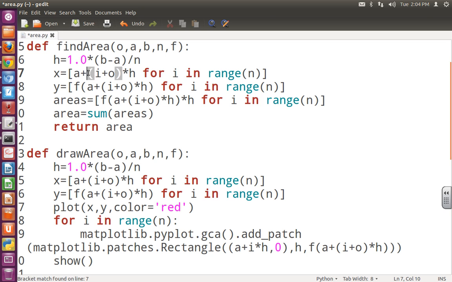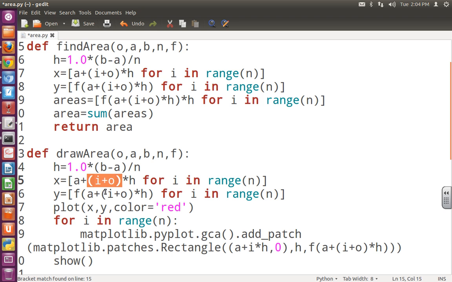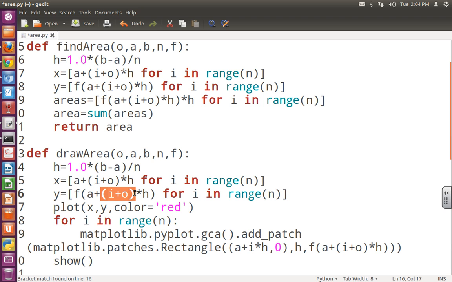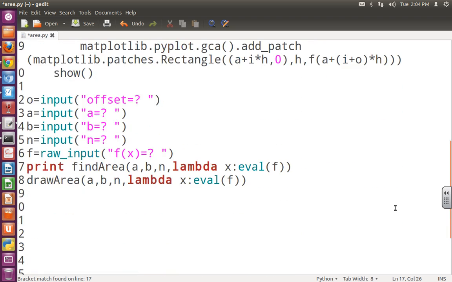All right, so we have I plus O in each of these places instead of I. I just changed all the offsets. We figured this out on Friday, didn't we? Okay. Are you ready? Now I got to put them here as input.